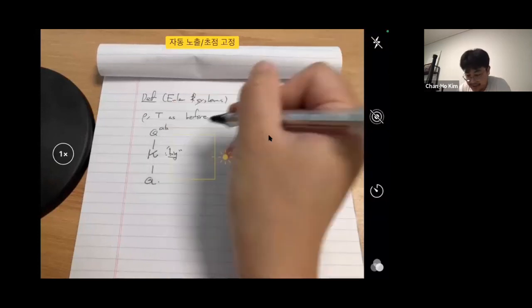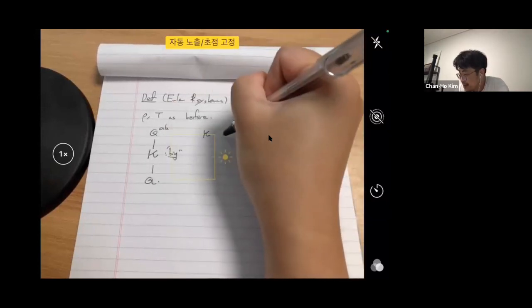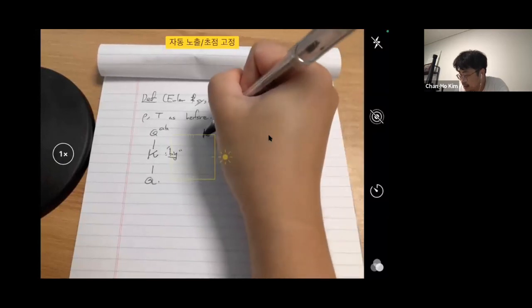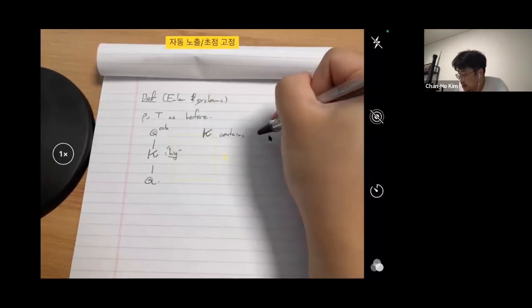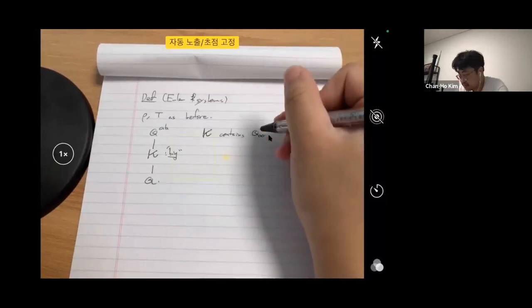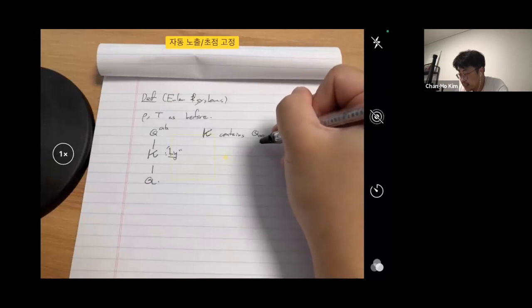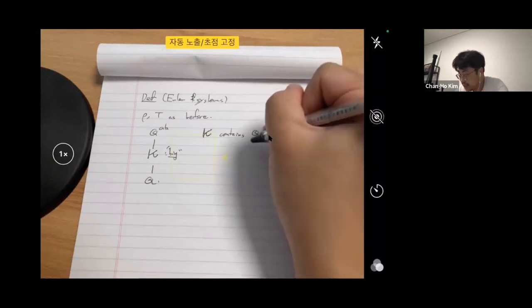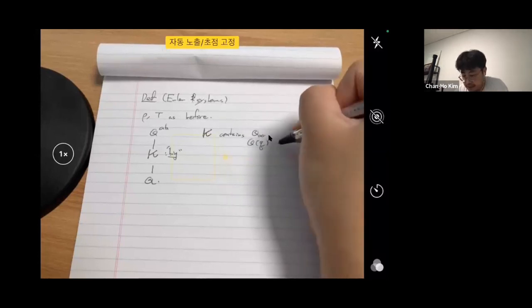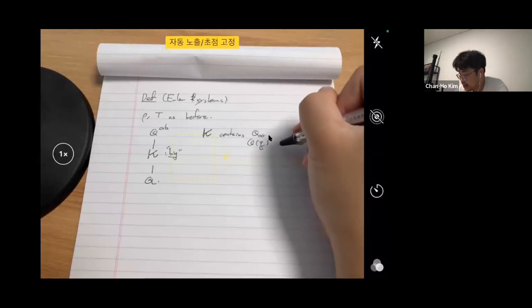It means as follows. So K contains the cyclotomic Z_p extension and the maximal p-extension of Q adjoining zeta_q. q is a different prime. So q, I will explain this notation immediately.